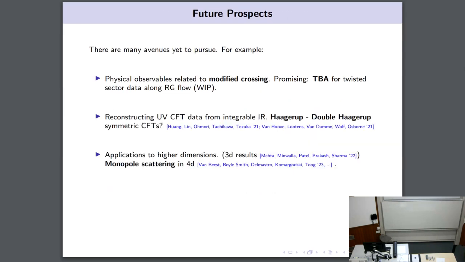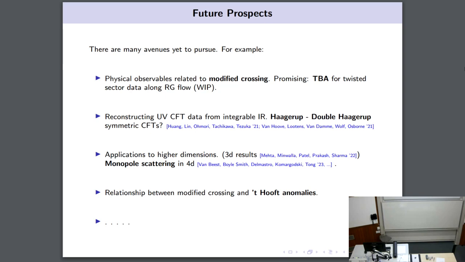So just to flesh out the current future prospects. One, I told you about these UV observables using TBA, which is something we're studying, and now I think we know how to do it. But you need to find some symmetric S-matrix, and then you can infer things about the UV conformal data, and especially the structure of the theory in the twisted sectors, which should be sensitive to the modified crossing that we've described.